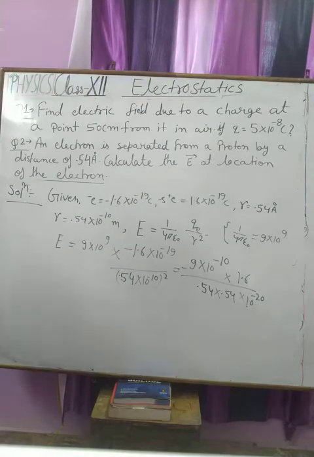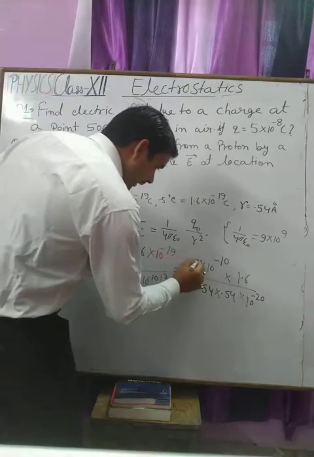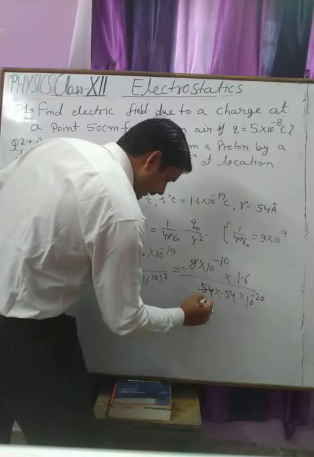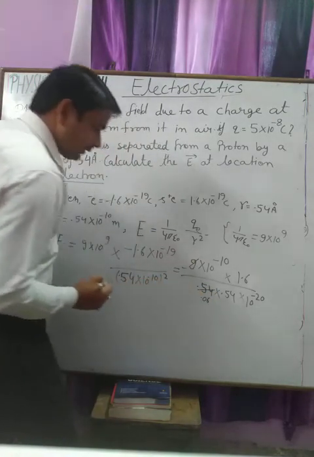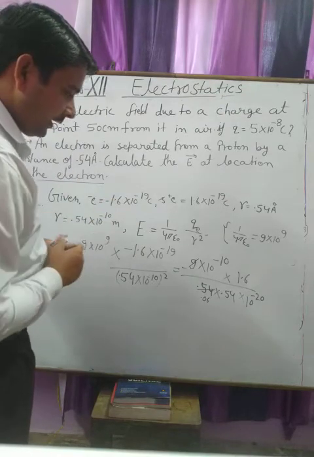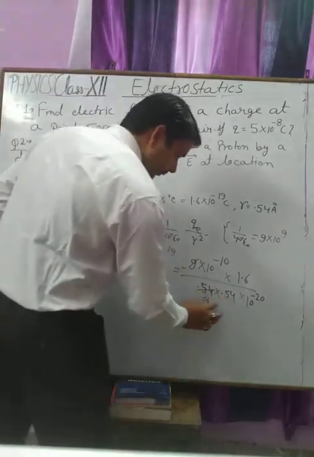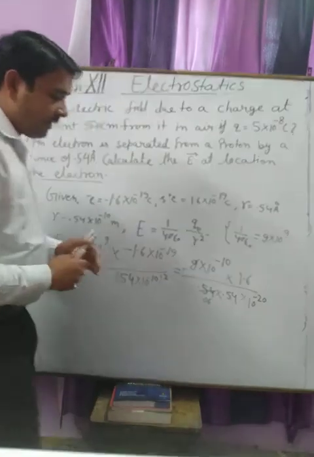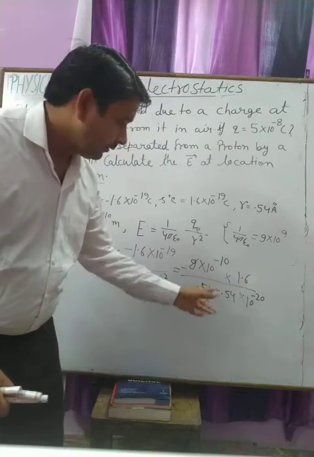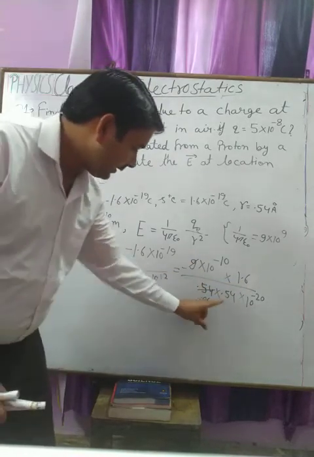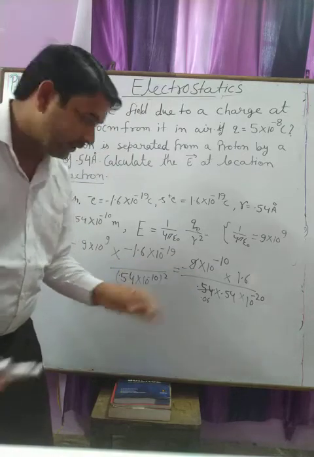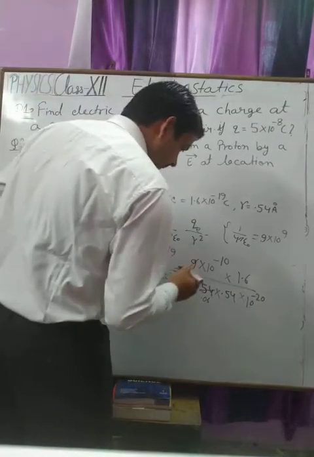Okay, now by cancelling this 9 by this 54, we are getting 0.6, and we are using here approximately 50 and multiplying 6, so 5 into 6 becomes 30.